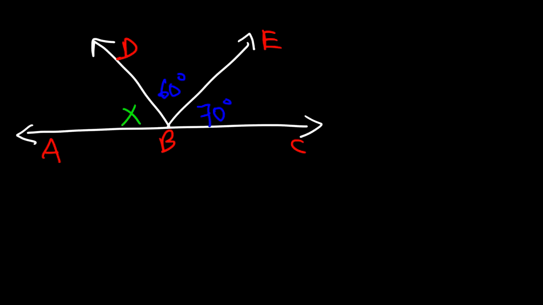And remember, line ABC is a straight line, which means it forms a straight angle. Whenever you have a straight angle, the sum is 180 degrees. So that means these three angles have to add up to 180. So we can write an equation: x plus 60 plus 70.